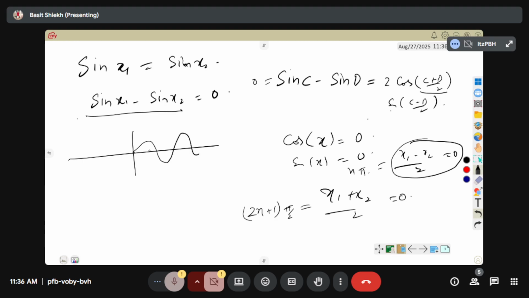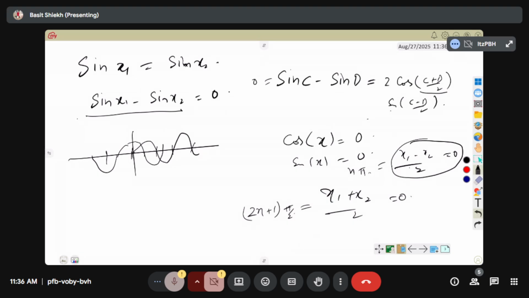Sine is 0 at 0, then pi, then 2 pi, then 3 pi, so n pi. When it is sine, we have n pi. When it is cos, we have this: cos is 0 at pi by 2, that we can write as (2n plus 1) pi by 2.